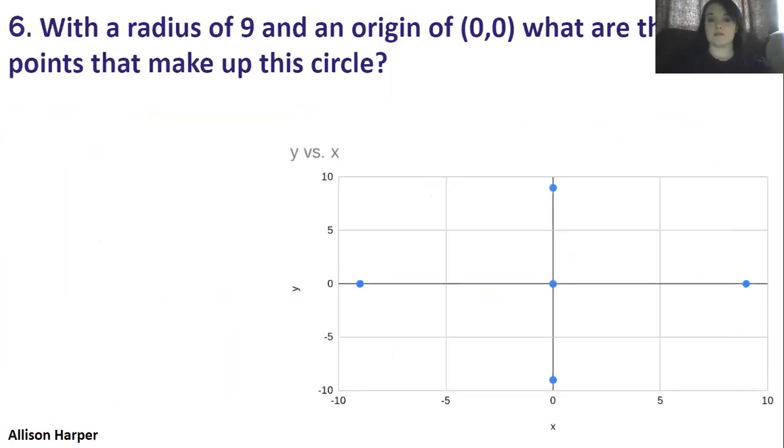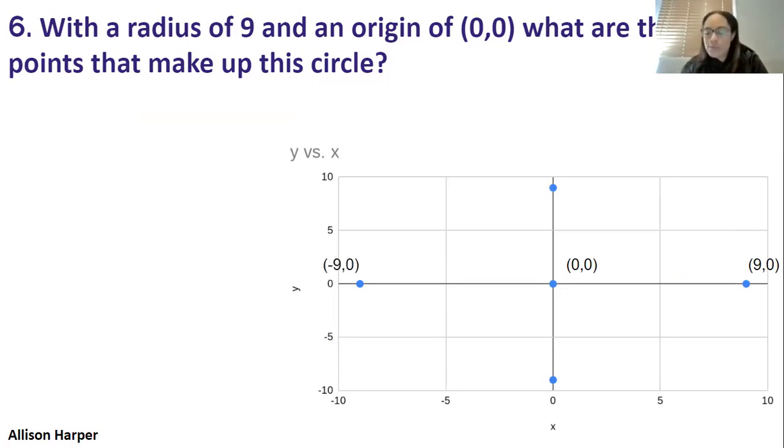Allison, with a radius of 9 and an origin of 0, 0, what are the 4 points that make up the circle? Okay, so we are going to start at our origin, which is 0, 0, and our radius is 9. So we are going to count 9 points in every direction to come up with our 4 points.